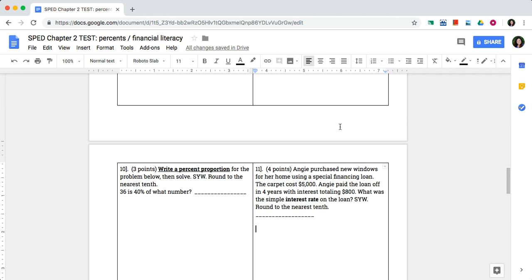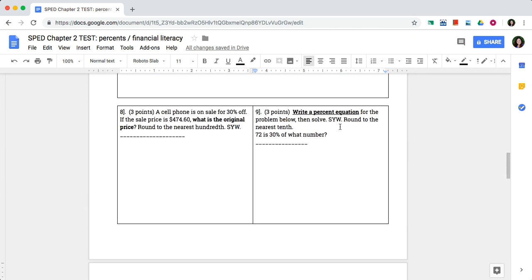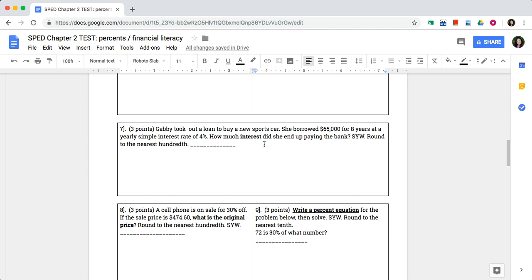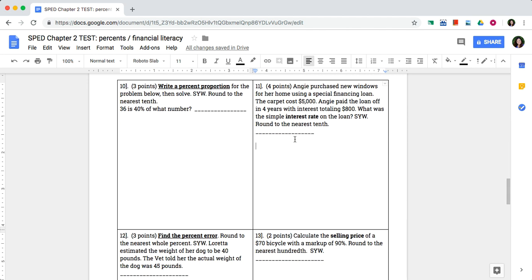Okay, this is similar to number 7, but something different is missing. So that's your hint on there. Something different is missing. It's wanting to know what was the simple interest rate of the loan. So figure out what is missing. This is key right there.